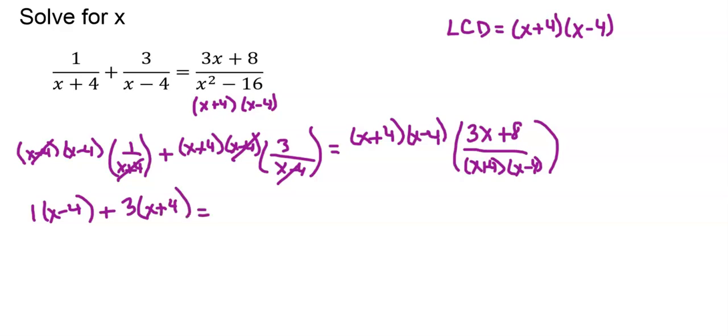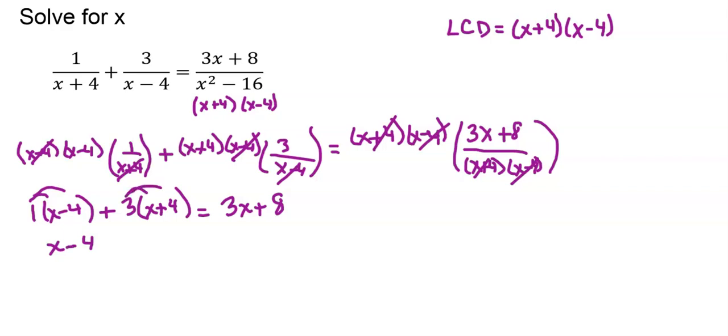And on the right side, the x plus 4's and the x minus 4's cancel, and that leaves us with 3x plus 8. So you can see in the step before this, it looks messy, but it's all worth it because our denominators cancel out. Okay, so let's distribute. 1 times x minus 4 is x minus 4.